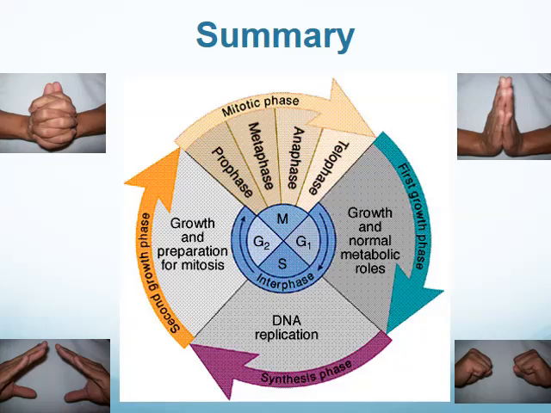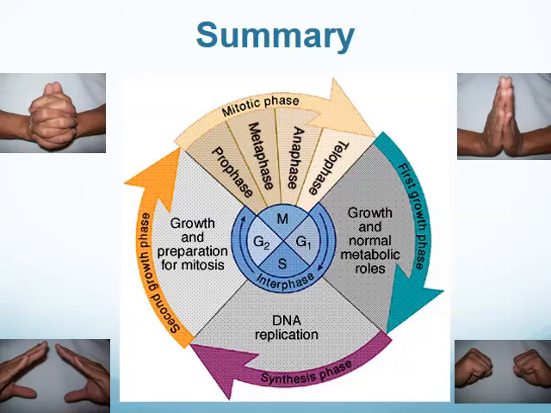So a quick summary here before we go ahead and break. What we have is primarily mitosis and interphase. During interphase, we have G1, which is the first growth phase. It's primarily where the cell does its normal cellular activities. We have the S phase, or synthesis phase, where the DNA replicates.